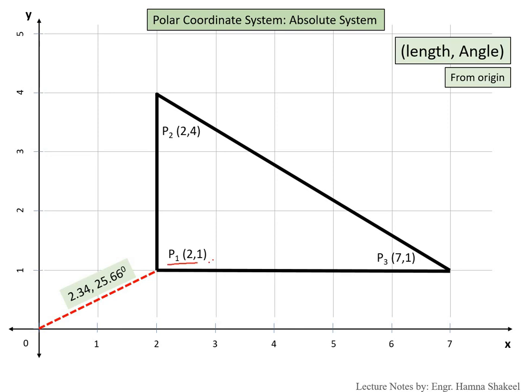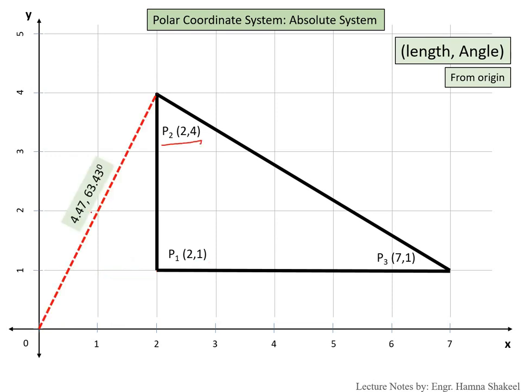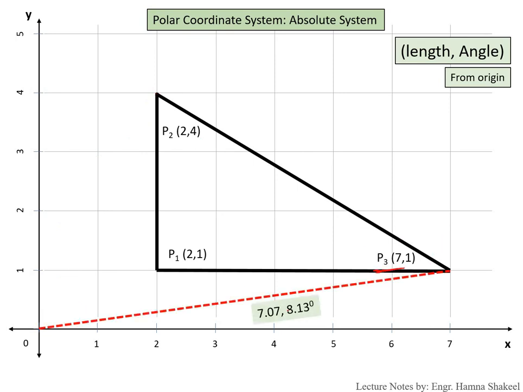So for point number P1, the absolute polar coordinate is 2.34, which is the length, and 25.66, which is the angle, and this is relative to the origin. For point number P2, the length is 4.47 and the angle is 63.43 in the anti-clockwise direction. For point number P3, the length is 7.07 and the angle is 8.13 in the anti-clockwise direction.